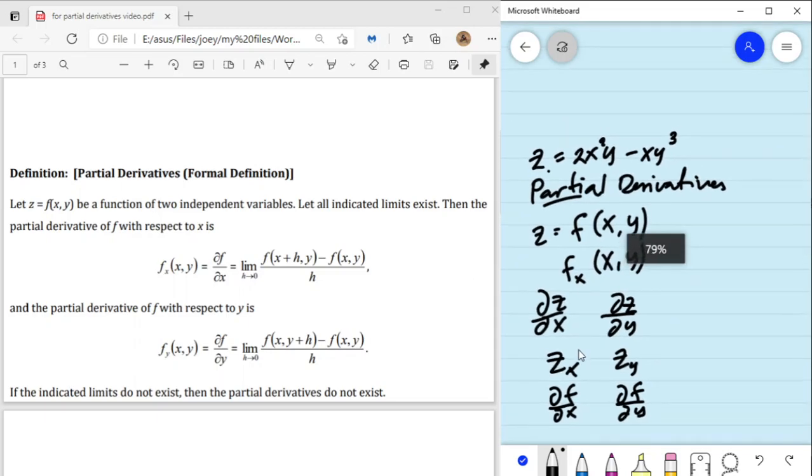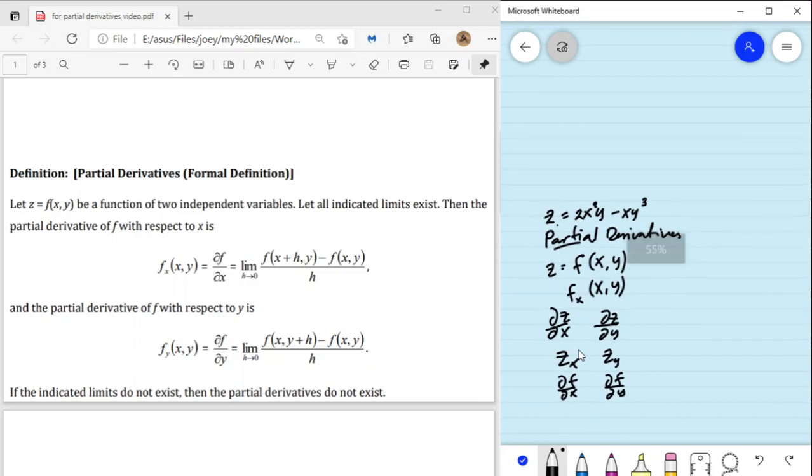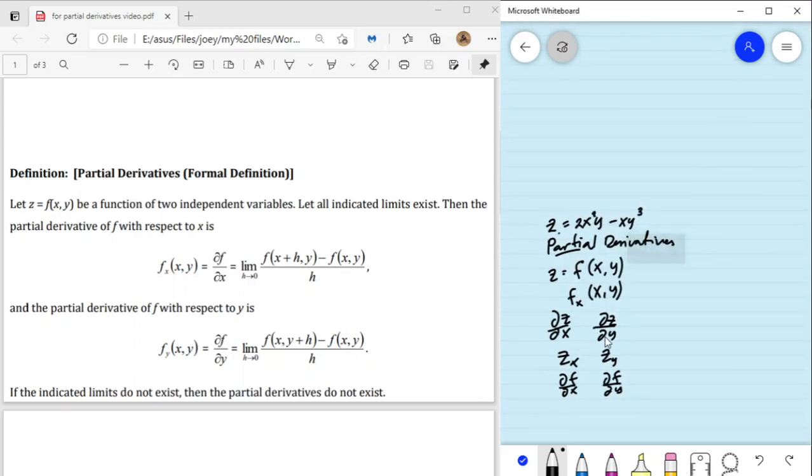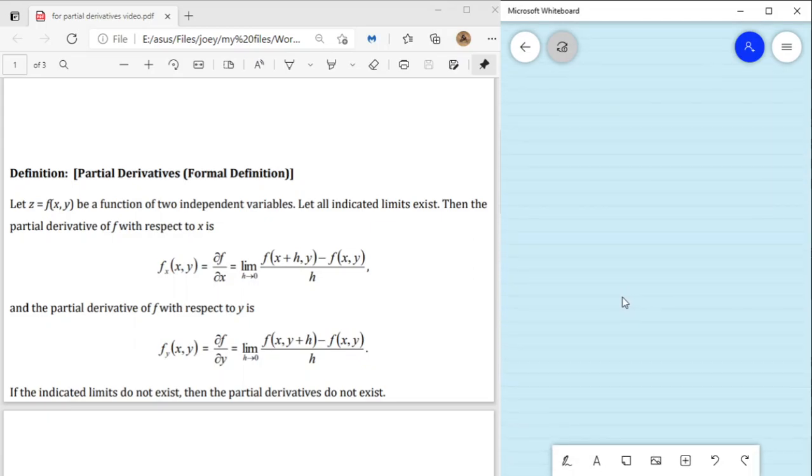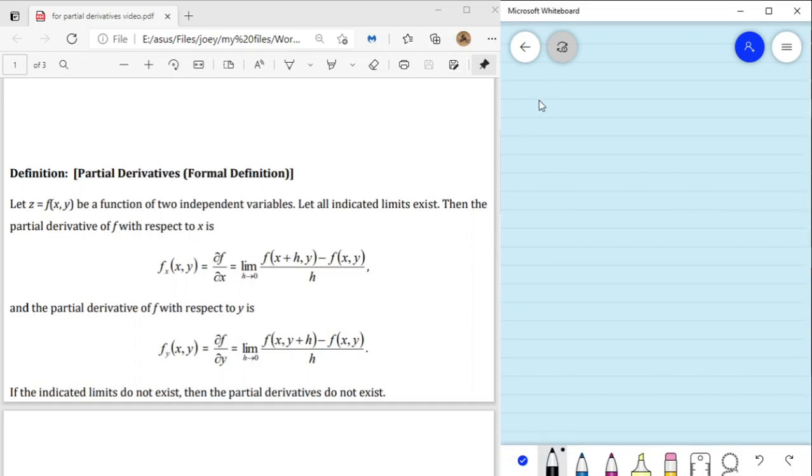Say for example, let us take for example, suppose z is expressed as 6x y squared, and we are trying to look for the partial derivative of z with respect to, let's say, x.